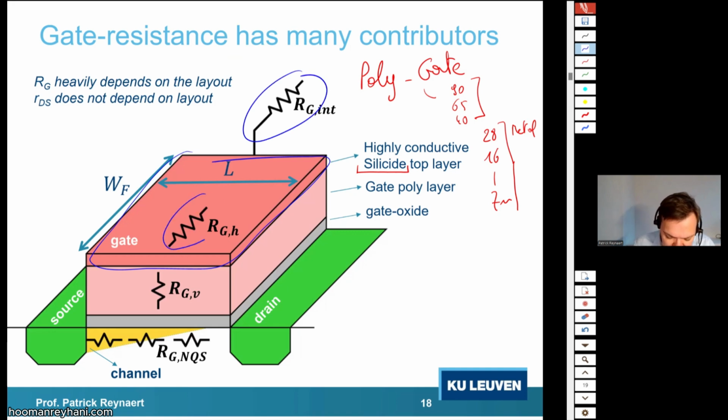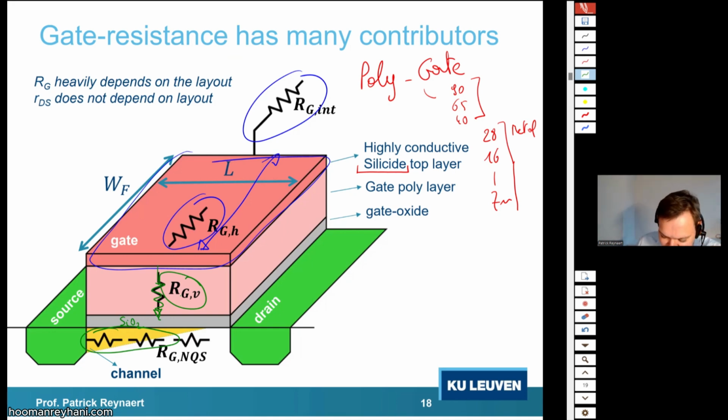We have the horizontal resistance because, okay, this is the finger width. But in the end, we need to charge and discharge electrons, and this is the silicon dioxide. We need to push back and forth electrons on top of the silicon dioxide to change the electrons in the channel. So there is a contribution of this vertical resistance.